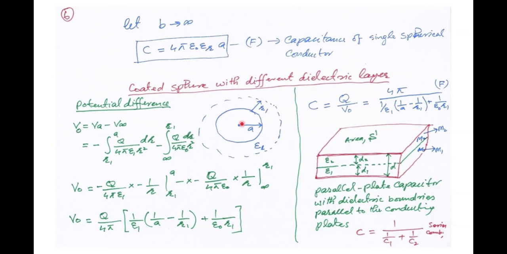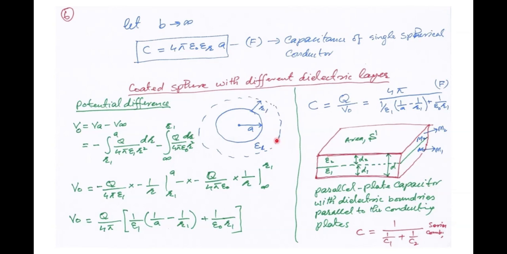Now, for example, the single conducting sphere of radius a is coated by some dielectric or insulating material. In this case, we have denoted the dielectric material property by epsilon 1, and the thickness of the dielectric material is denoted by R1.